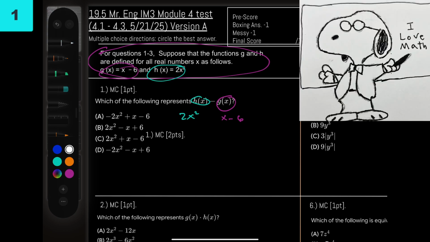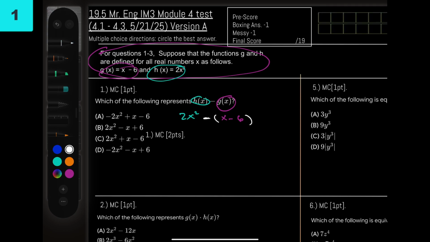Don't forget you have to have this minus sign. So this is like a -1, and you can distribute, so negative x, and that's a plus 6. And that would be choice B.